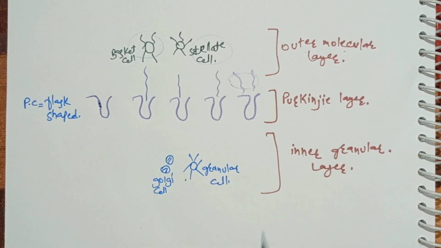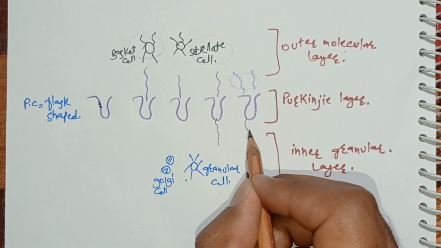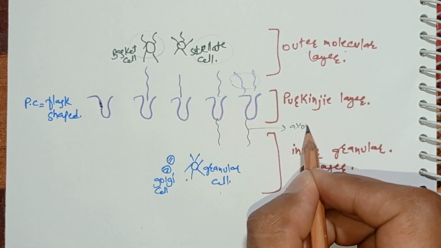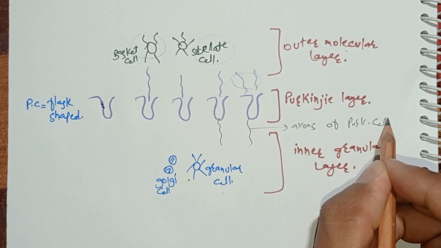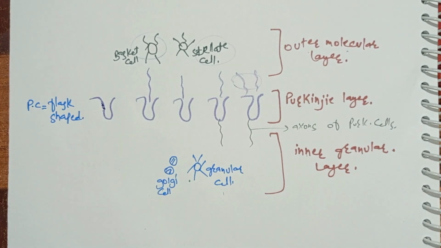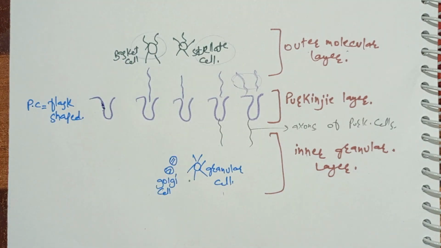Along with that, it also contains the axons of Purkinje cells. So this is the structure of the cerebellum, the five neuronal types arranged in different layers.